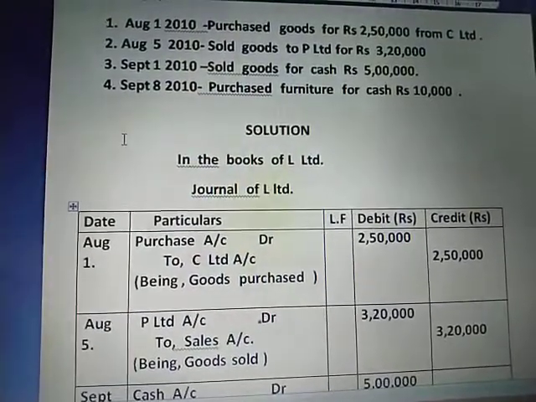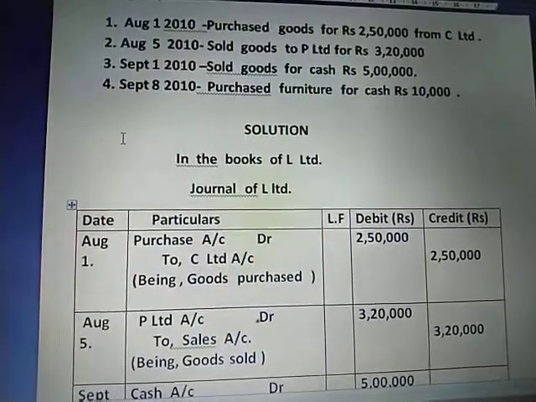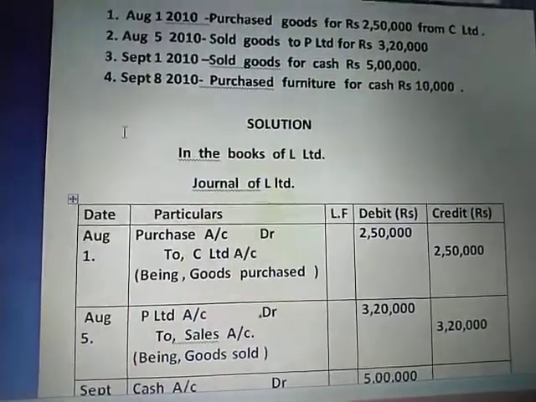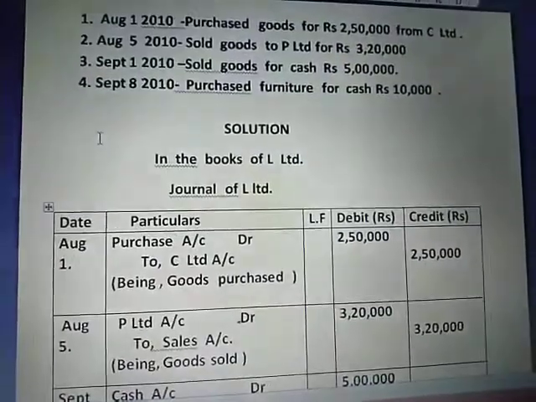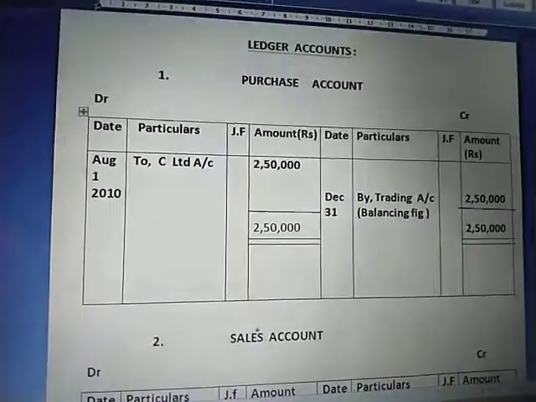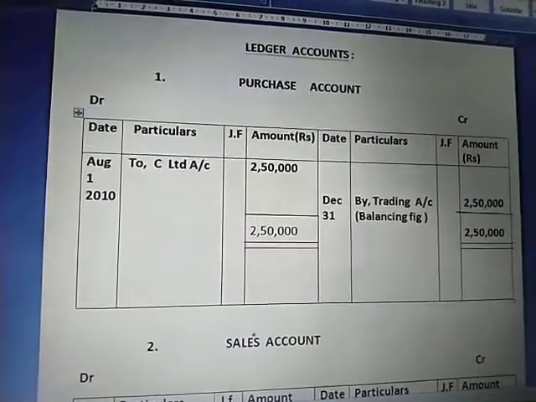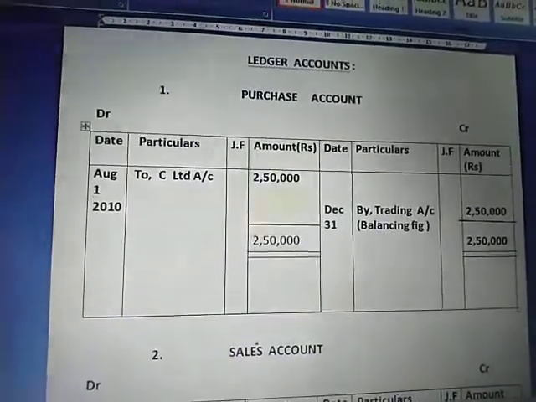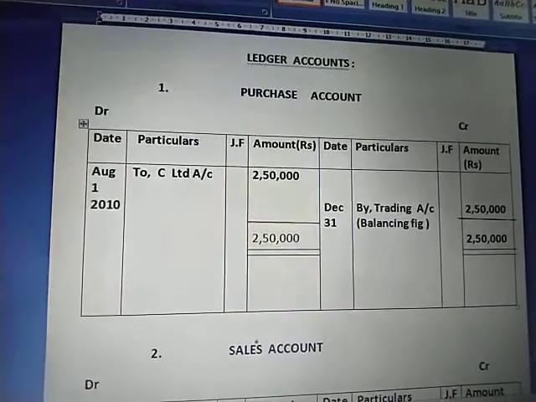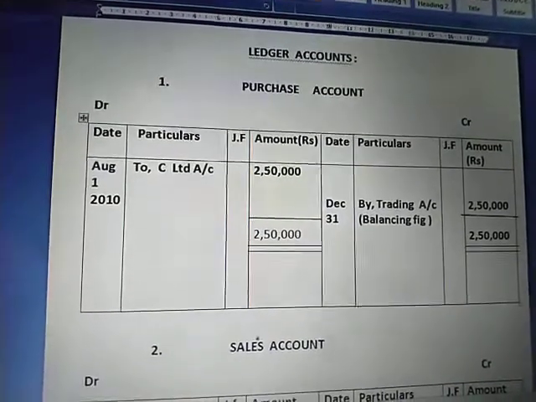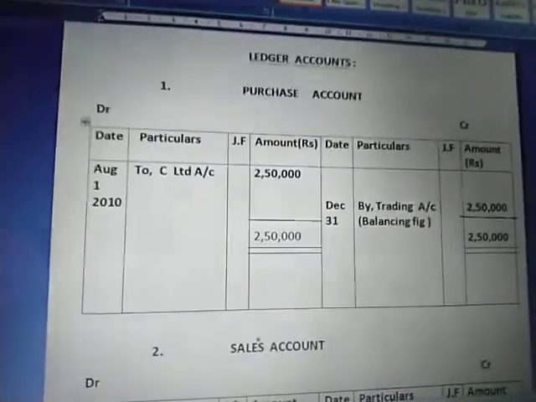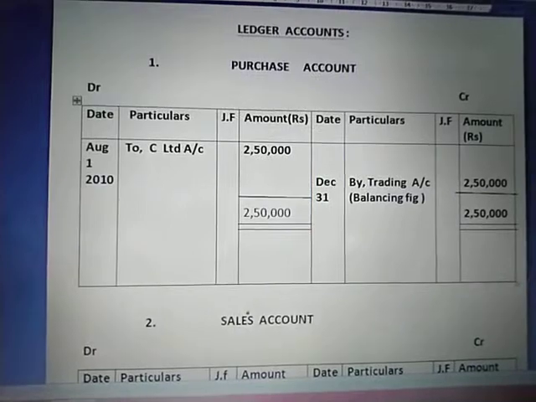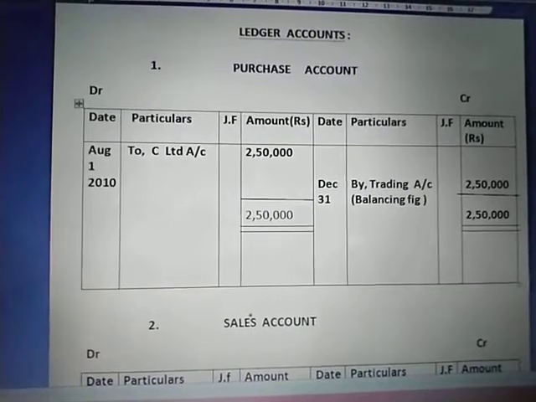Now when we prepare the ledger account for purchase, let us see first how we will record this entry. Whatever the entry is, whether debit or credit, we have to place it accordingly on the debit side or the credit side with the other account related. Purchase account contains a debit balance itself, and the journal entry was purchase account debit to C Limited.